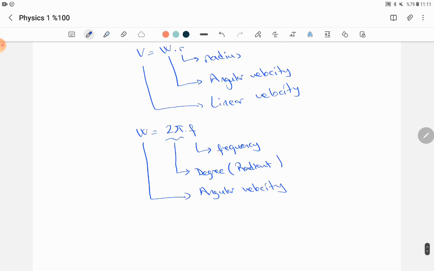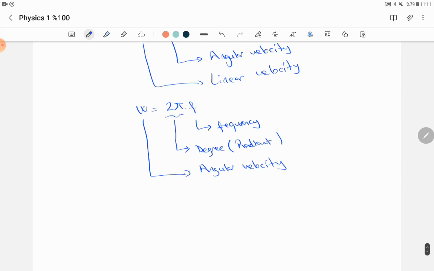And our frequency depends on the period. The period unit is the second, and the frequency unit is second to the minus 1.